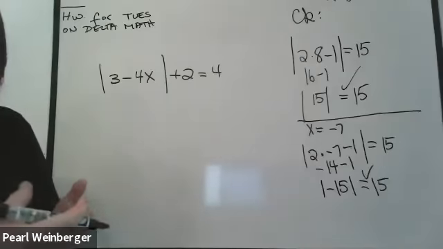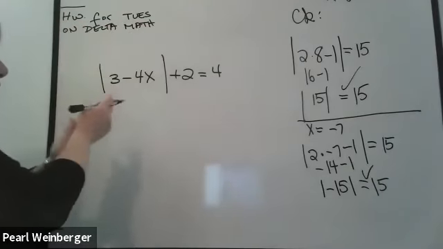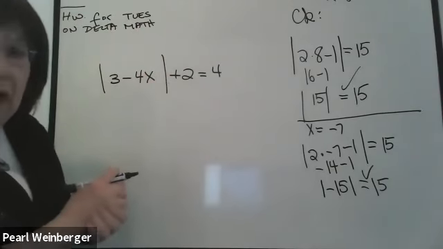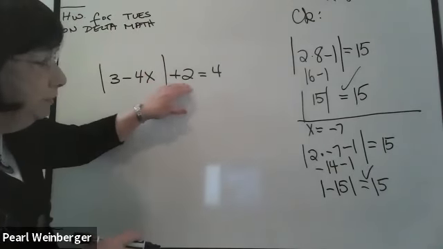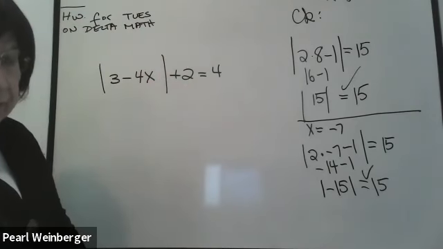Now, what's more complicated about this is that aside from my absolute value thing, there's a number on the same side of the equation with the absolute value sign, but it's not inside the absolute value.